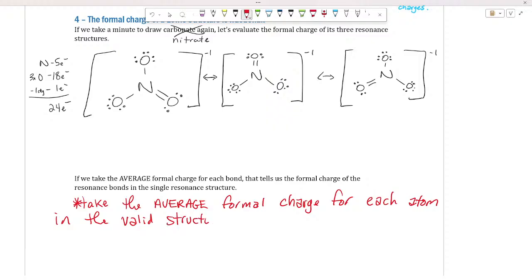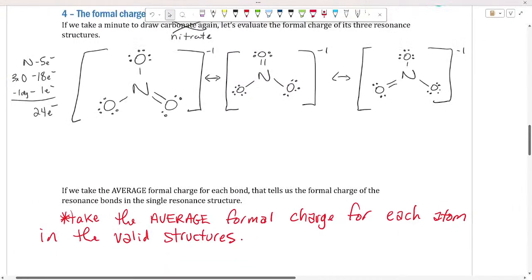And that's not as brutal as it seems, because you'll see that really you only have to do the calculations once, because each of these is just a rotation of the other. Does that make sense? So if we go up here and do the math, if we do the math in the first one, then the other 2 are going to have the same numbers, just in different spots, right?